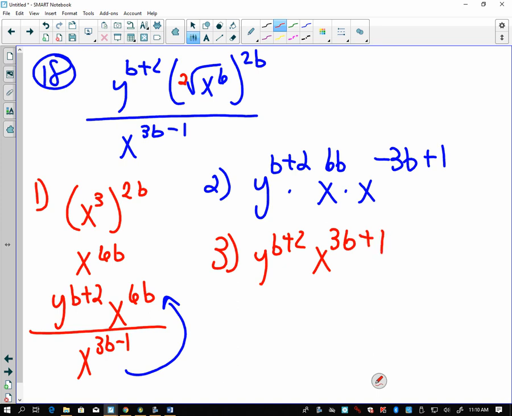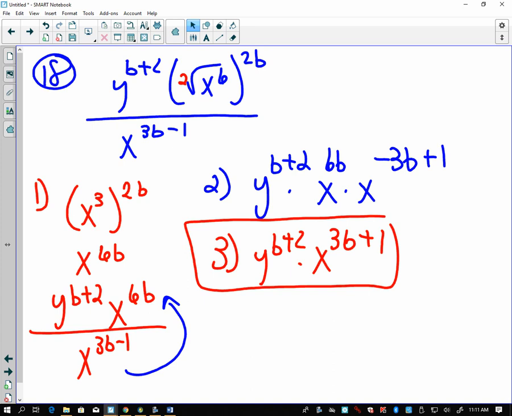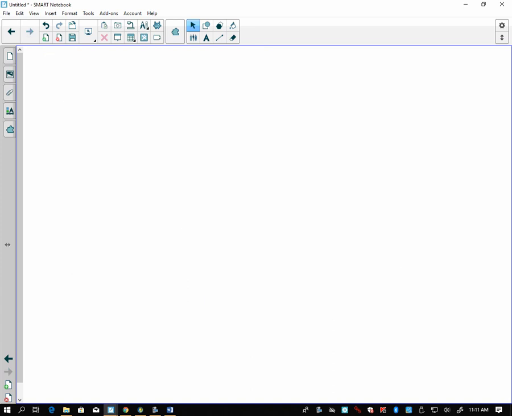No. So double checking over here, x to the 3b plus 1, y to the b plus 2. It's got it in a different order in the answer key, but it's the same answer because multiplication is commutative. Okay. All right. Do we understand that? We understood all the individual steps to get there? Okay. All right. Number 20, last of these 7s.